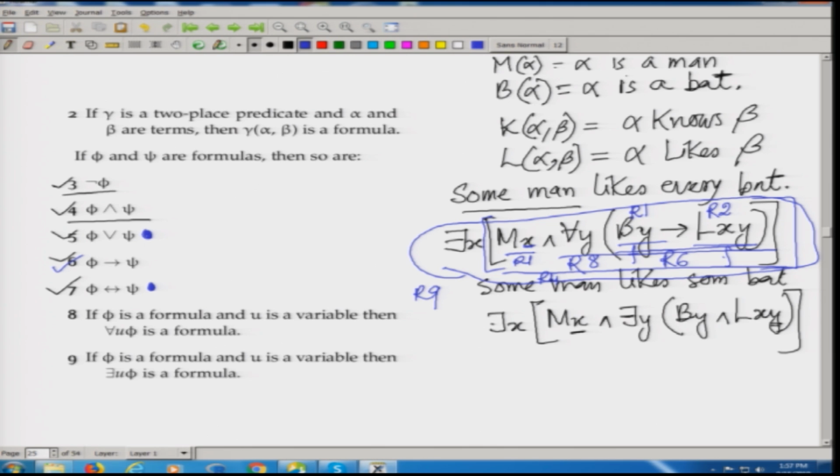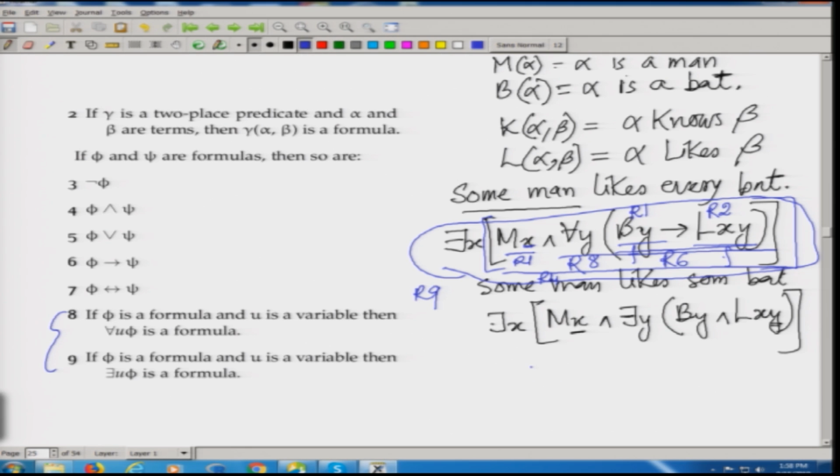Remember that there is a kind of hierarchy, not that every rule can be used everywhere. For example, if I do not construct a formula, then I cannot construct some x that formula, because a non-formula will not combine. So first I have to use rule number 1 or 2. These are basic rules. After using 1 or 2, I can directly use 8 or 9.